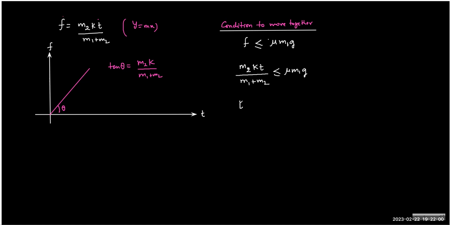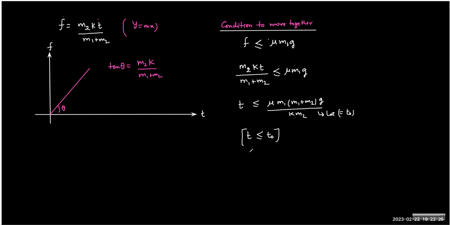And this gives you the condition that T is less than mu m1 g divided by the coefficient. Let's call this T naught. So when T is less than T naught, they will move together.